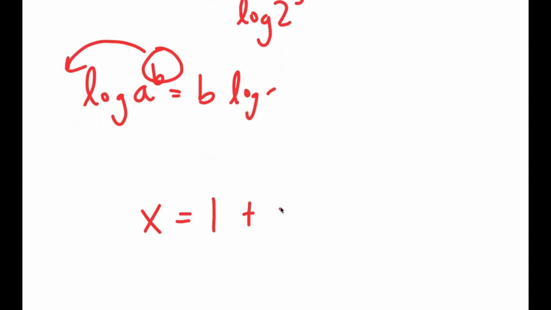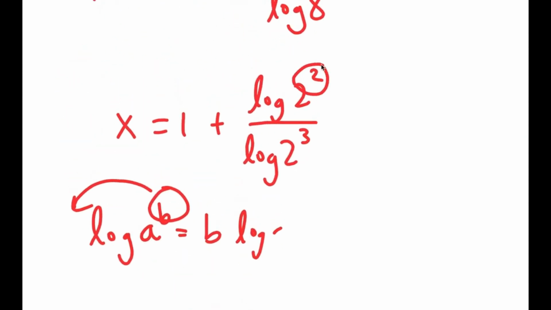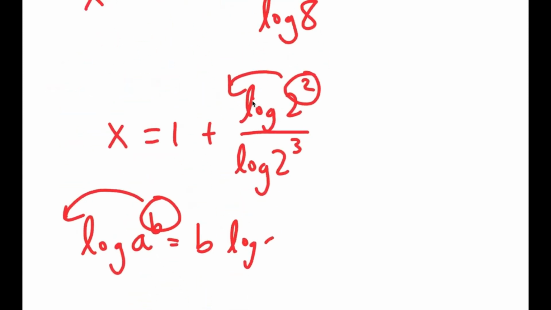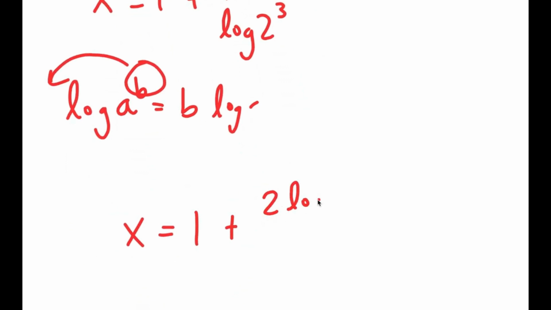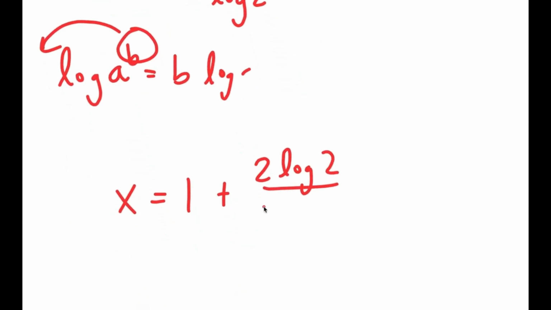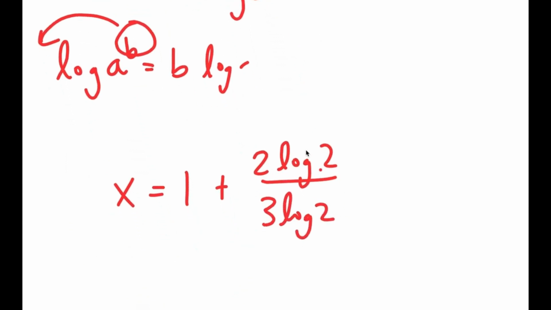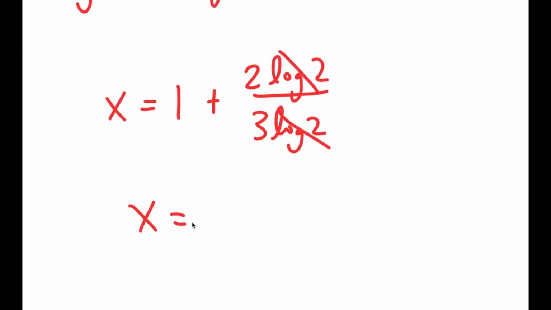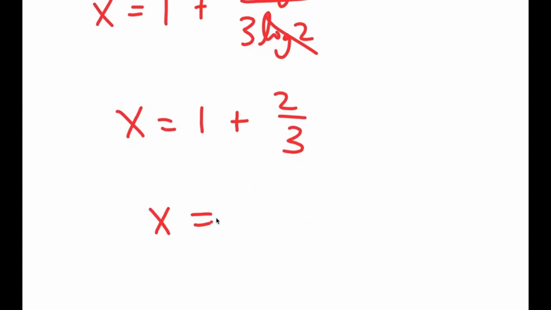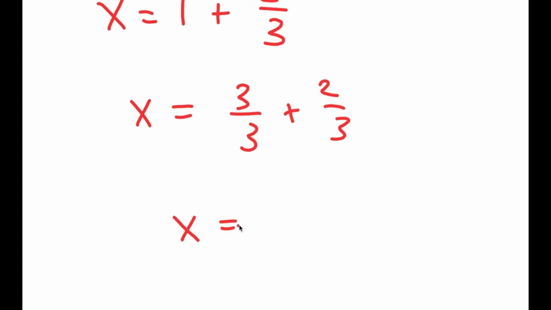So I get x is equal to 1 plus 2 times log 2 over 3 times log 2. So now these two cancel out, and I get x is equal to 1 plus 2 over 3, which is equal to 3 over 3 plus 2 over 3, which is 5 over 3. So x is 5 over 3.